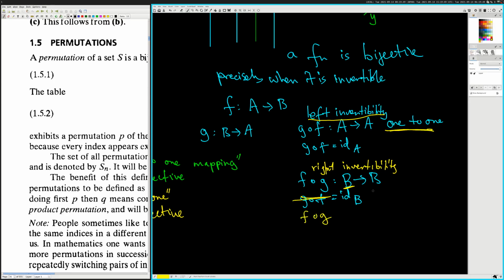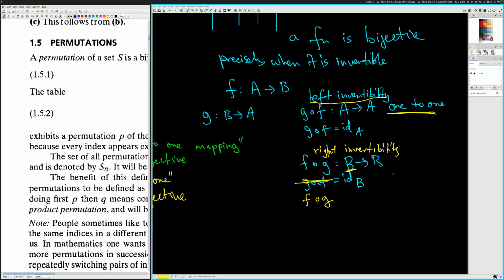In order for this to work, g has to be surjective, because otherwise this wouldn't make sense on values on which f isn't defined. So let me draw a diagram.